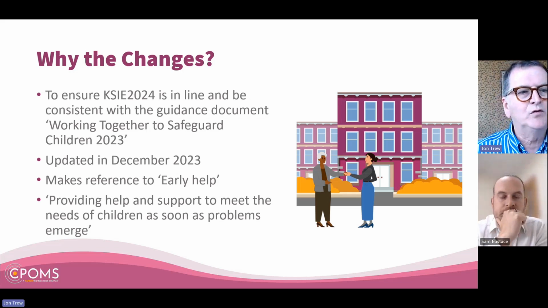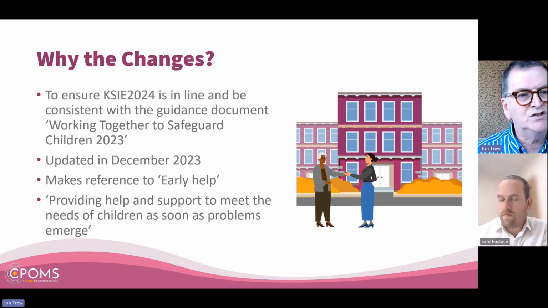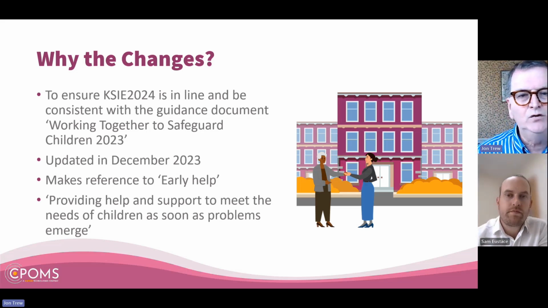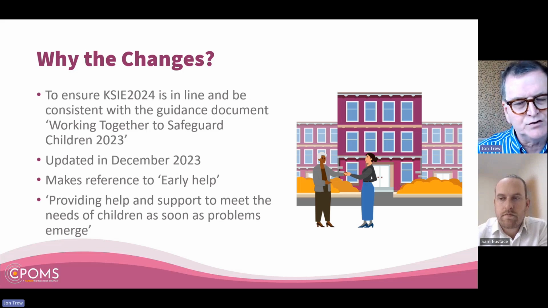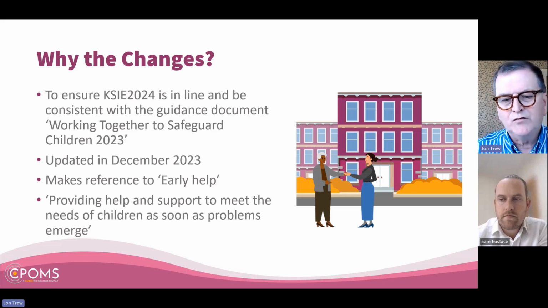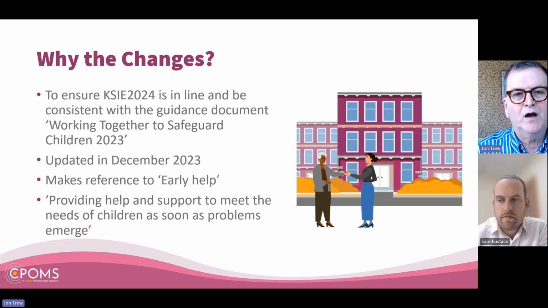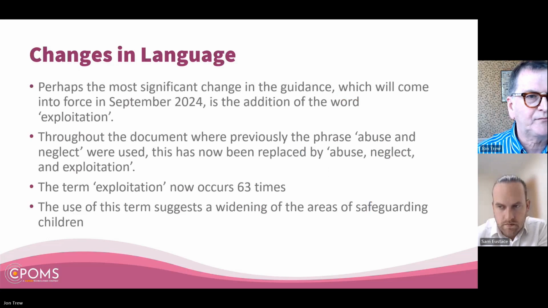This is catch up for keeping children safe in education, and they've done it to include references to early help to try and divert children from the sharp end of safeguarding, the child at risk category. Providing help and support to meet the needs of children as soon as these problems emerge, rather than leaving it before it becomes acute or critical.